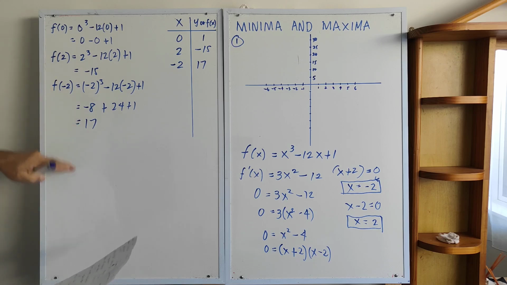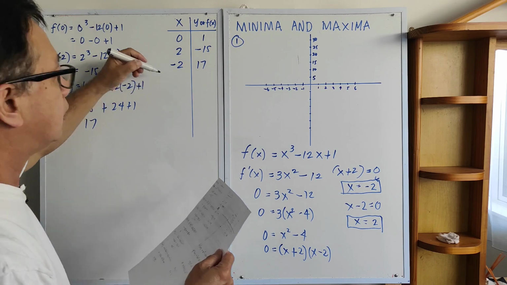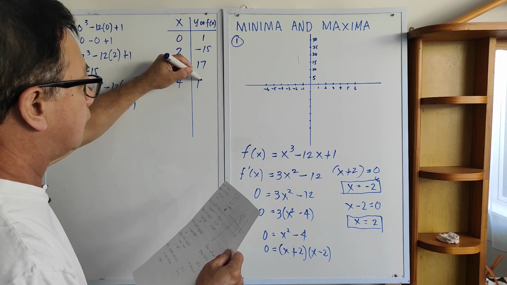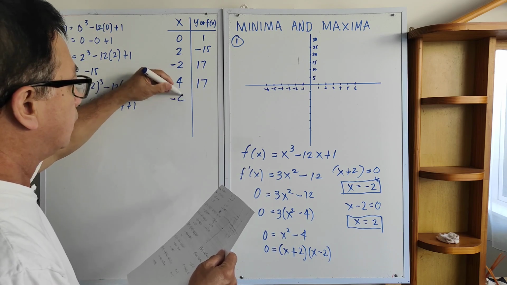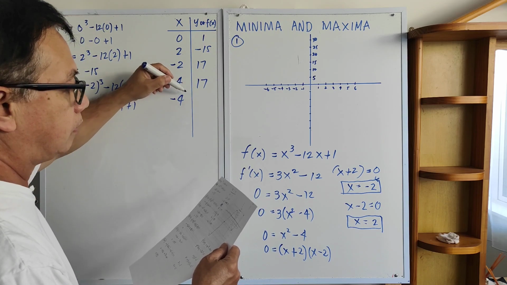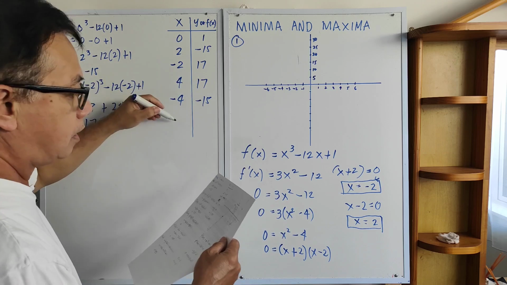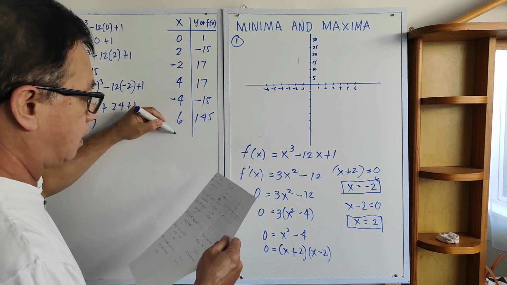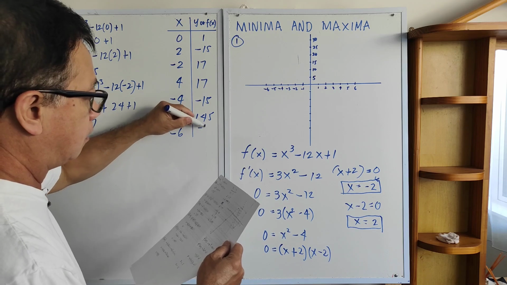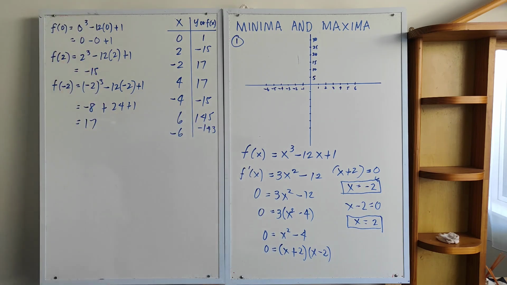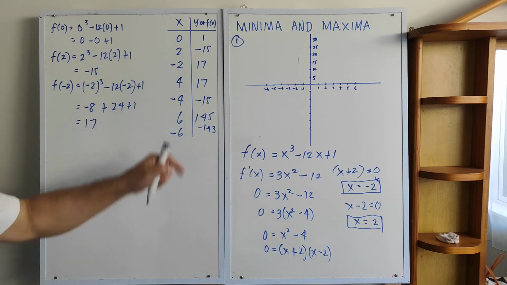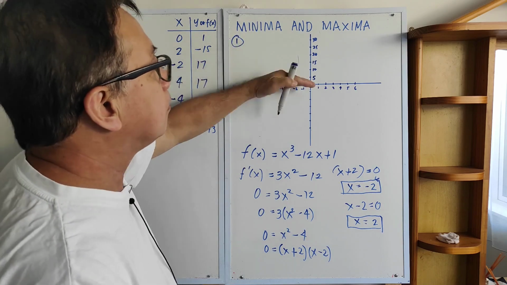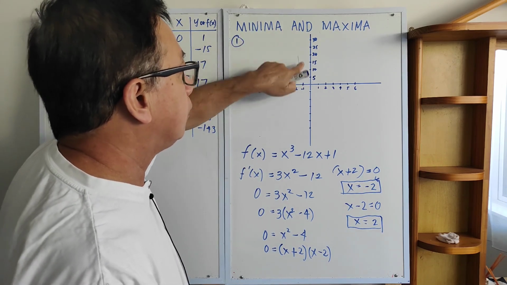So we just put the values of x in here and then solve for y. I won't be showing you the rest of the computation. I'll just write the values that I have solved. Negative 15, 6 is 145, and negative 6 is negative 143. So if we plot this in here, 0 and 1, I have shortened the y-axis.